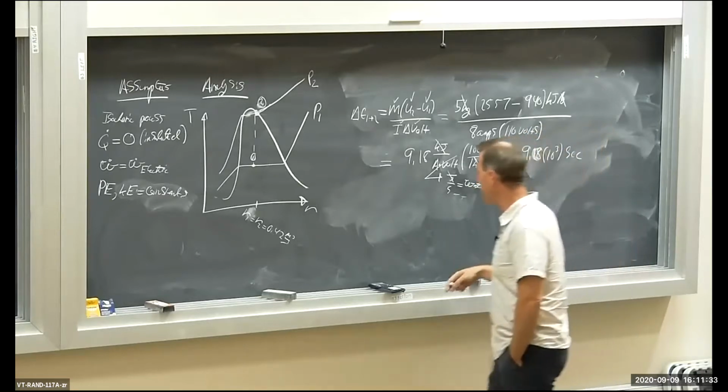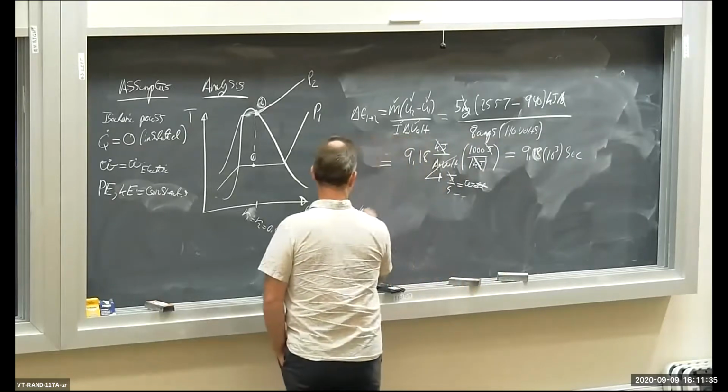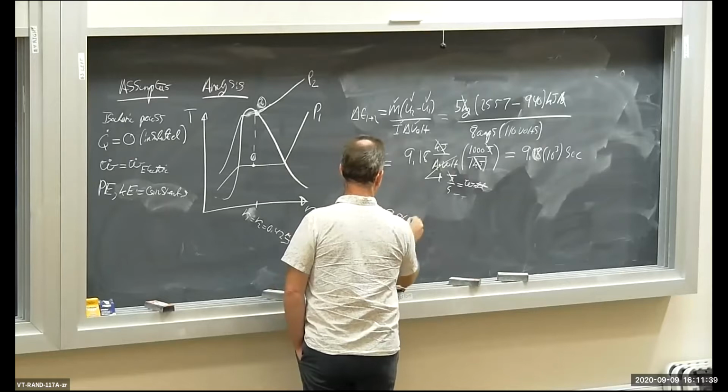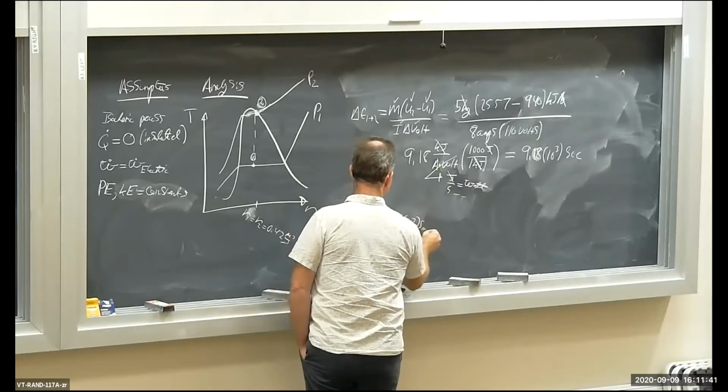So delta T is equal to 9.18 times 10 to the 3 seconds.